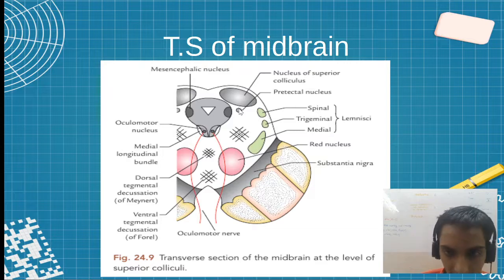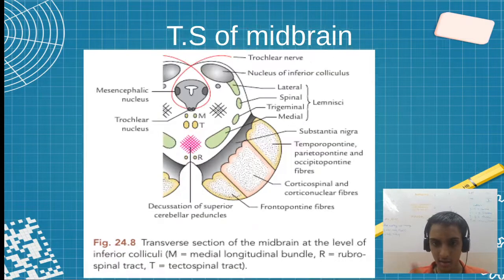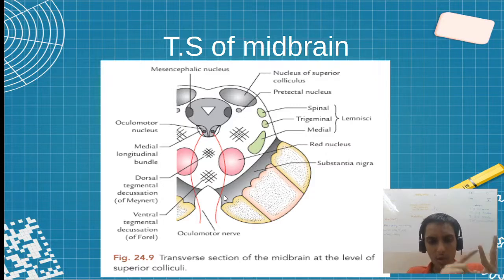Okay. And coming to the lemnisci, if we compare, here lateral is there, here it is not there. So please remember, the difference between the two is there is no lateral lemniscus in the midbrain. That is one thing. No lateral lemniscus, presence of oculomotor nerve as I told you, and red nucleus.